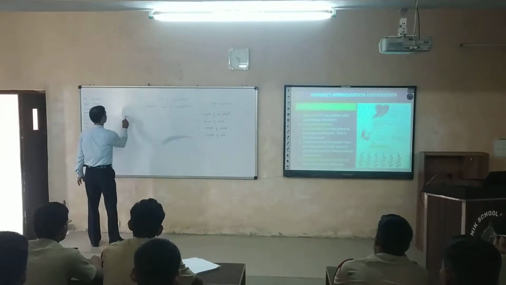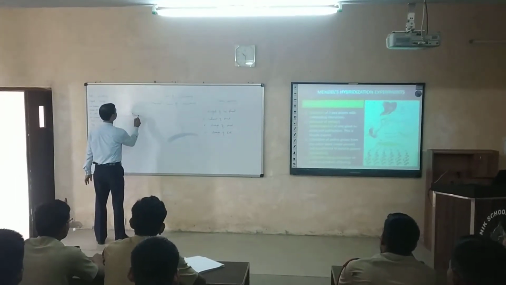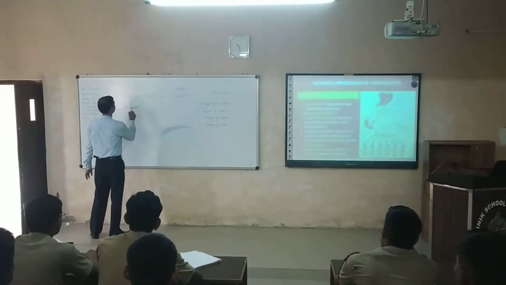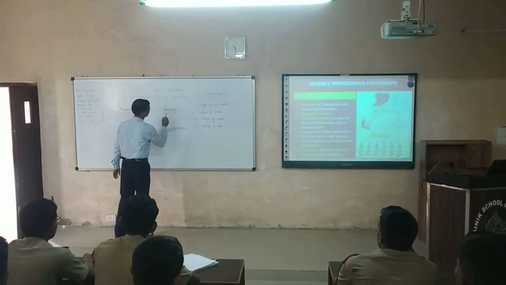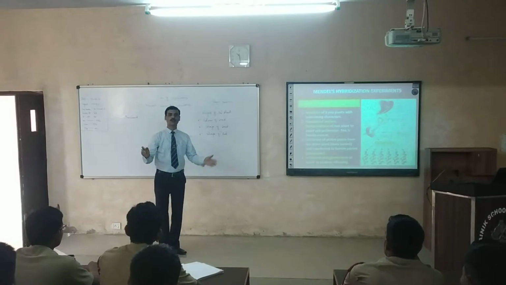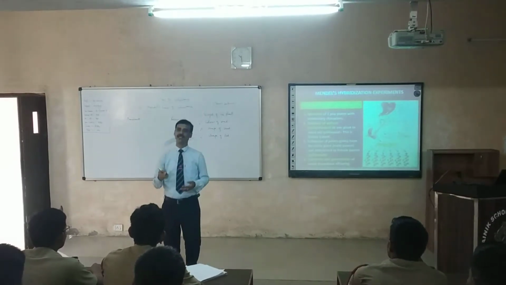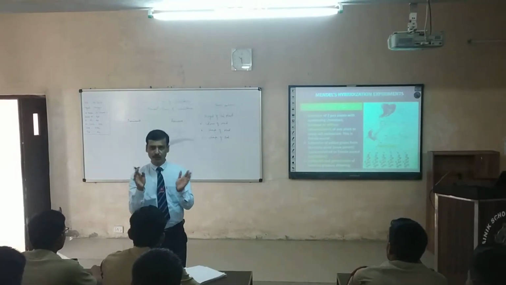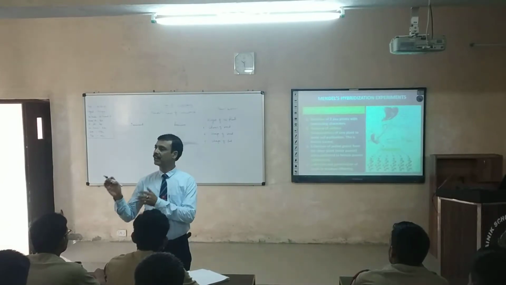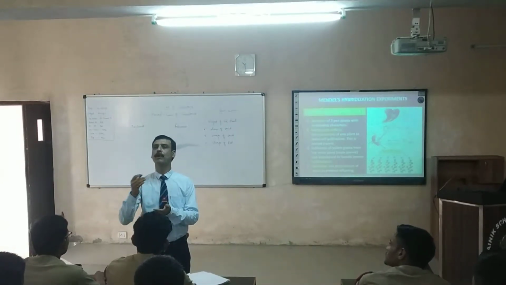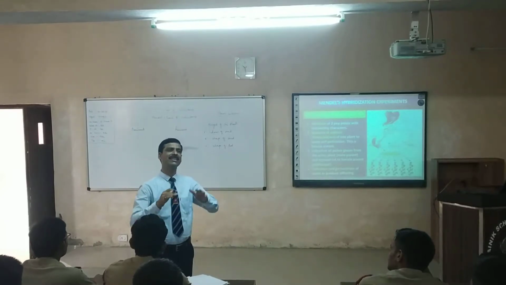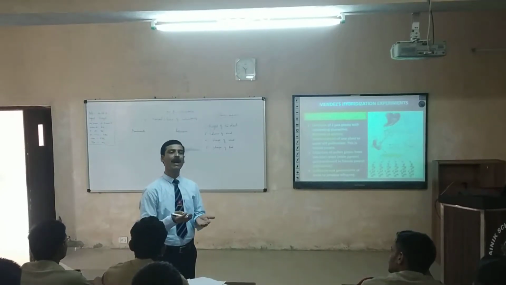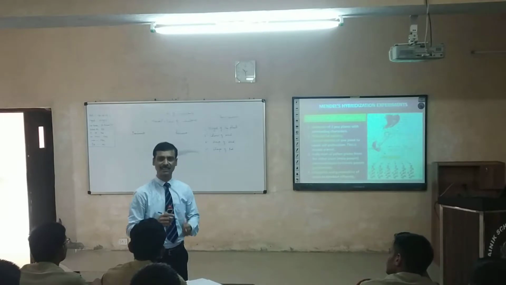Means one character was dominant and another character was recessive. The dominant characters are those we have already gone through in class 10. So it's time to recapitulate. The dominant characters used to mask the recessive character, and recessive characters easily used to be masked by the dominant character. This is the difference.